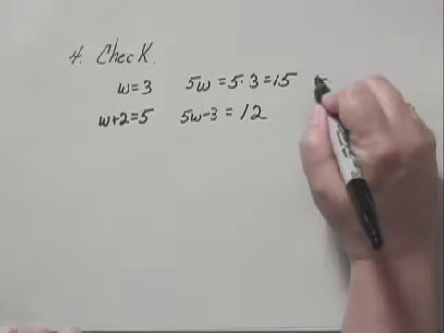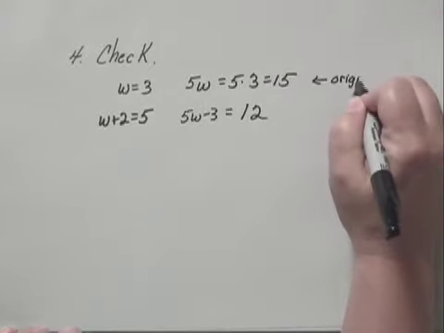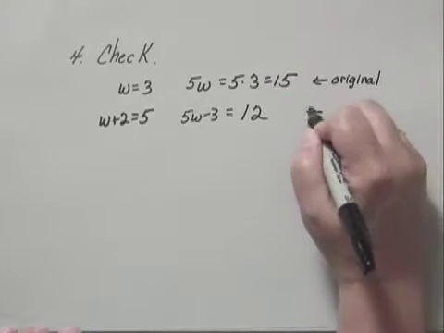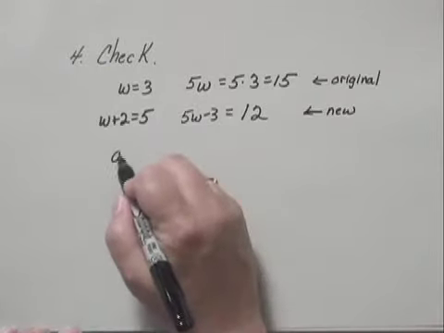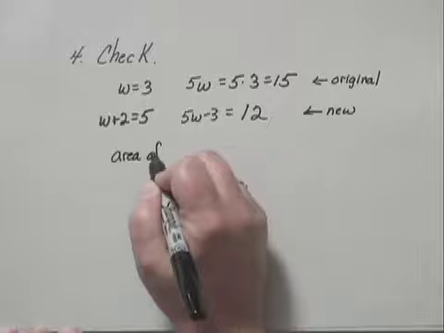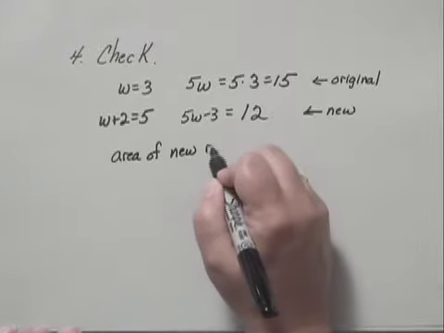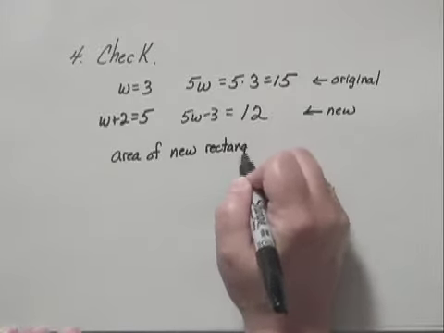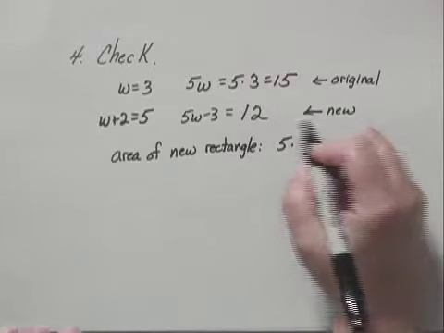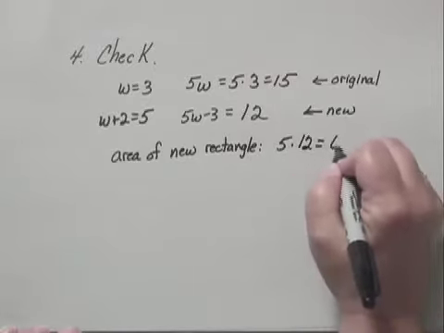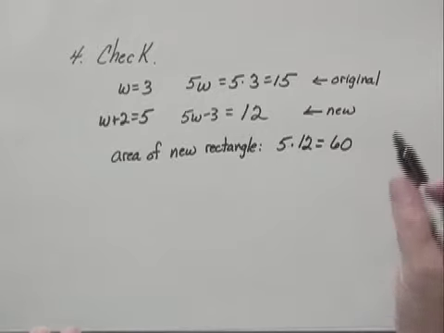So this is the original rectangle length and width. This is the new rectangle length and width. The area of the new rectangle would be 5 times 12, or 60, which is what we were given.